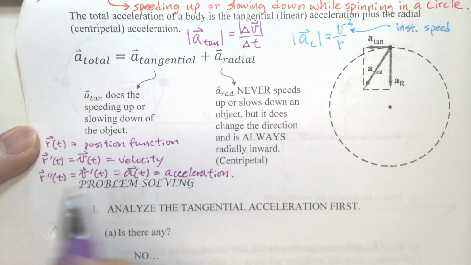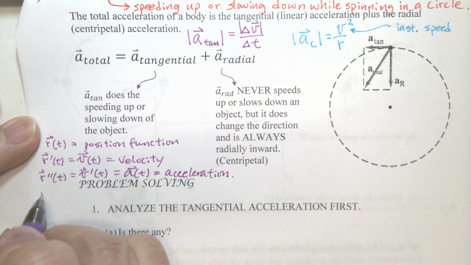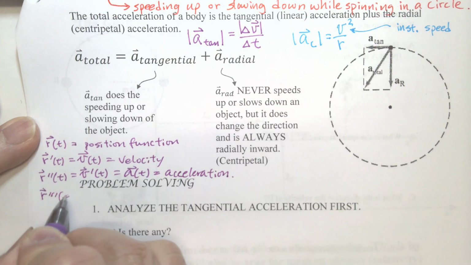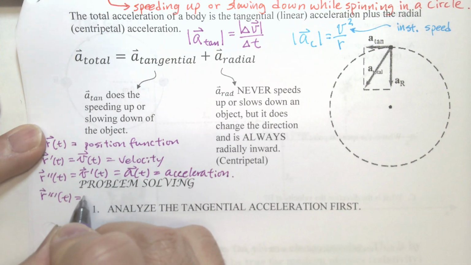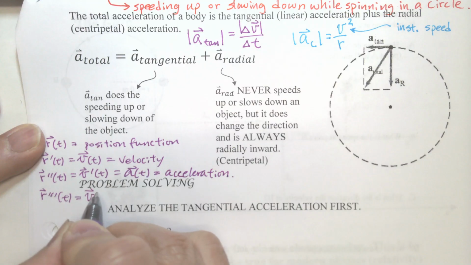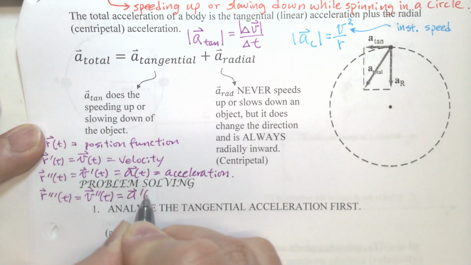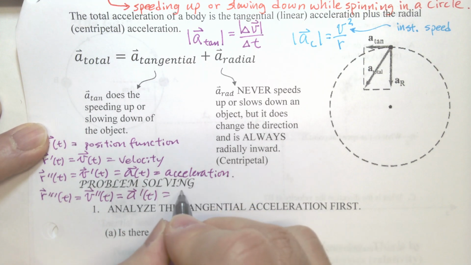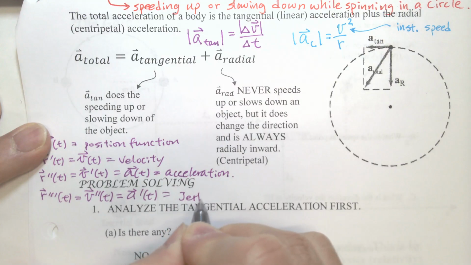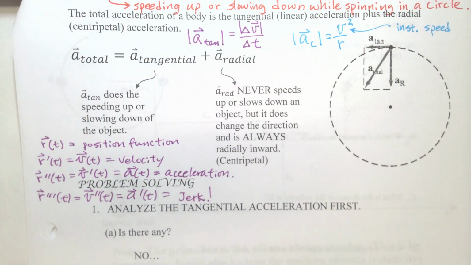And if we take a third derivative of the position, that is the second derivative of the velocity function, which is the first derivative of the acceleration function, and that is jerk. Okay?